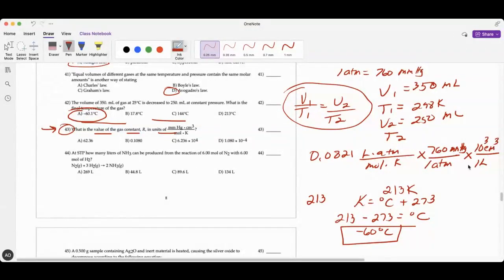So this would cancel out liters, and this would cancel out the atmospheres.